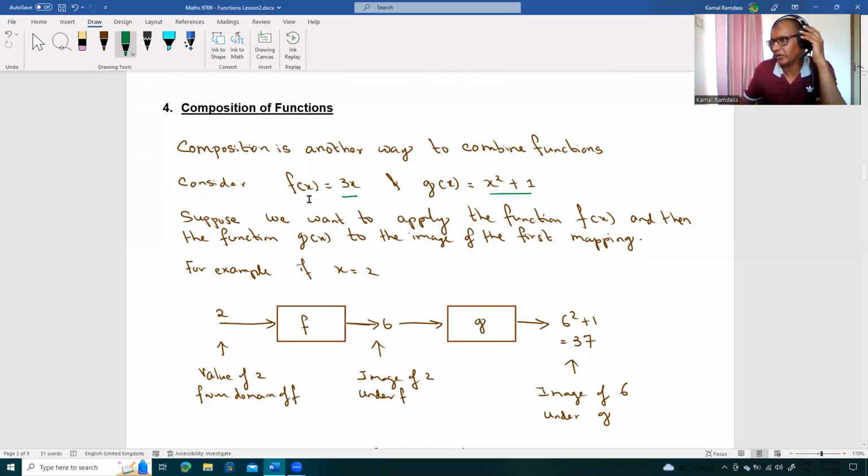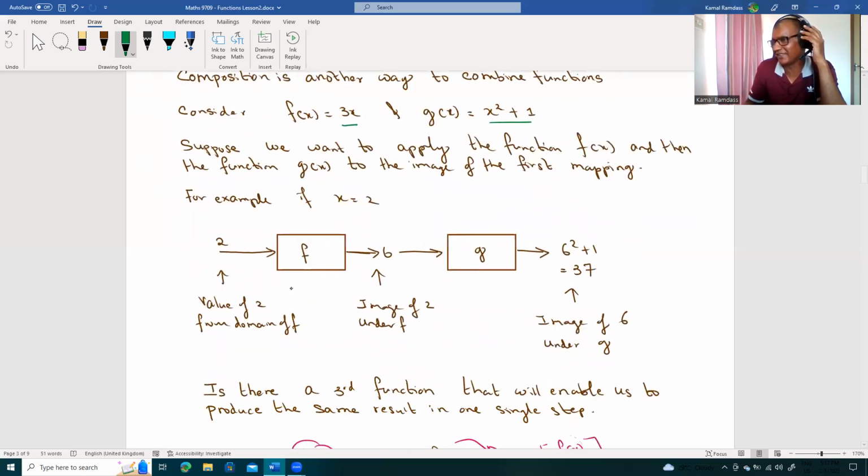OK. For example, nous prenons x est égal à 2. Nous injectons 2 in the function box f, il y a une règle à l'intérieur. On rentre là-dedans, nous prenons 2 pour multiplier par 3. OK, vous gagnez 6. 6, c'est the image of 2 under f.